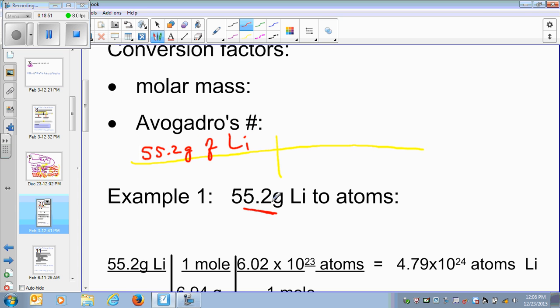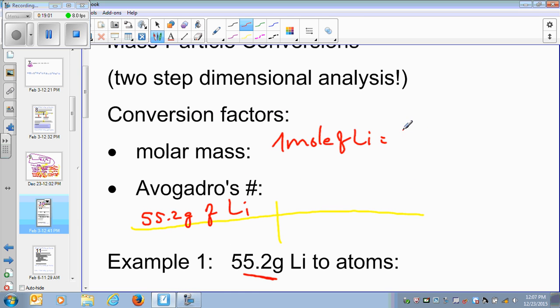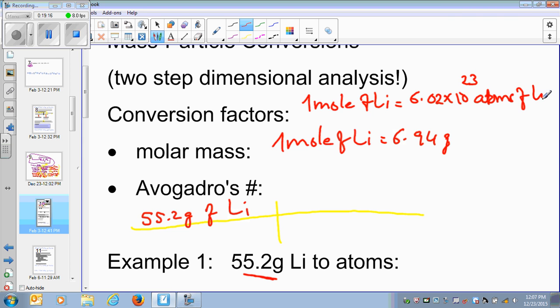Okay, I know that if I go to the periodic table, 1 mole of lithium is equal to 6.94 grams. And I also know that 1 mole of lithium is equal to how many atoms of lithium? 6.02 times 10 to the 23 atoms of lithium.